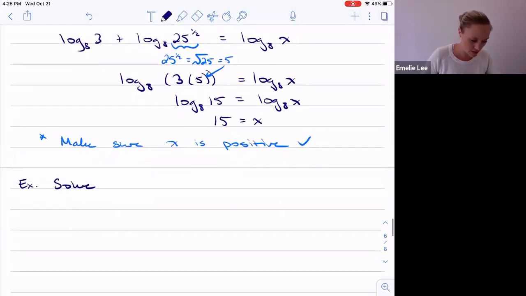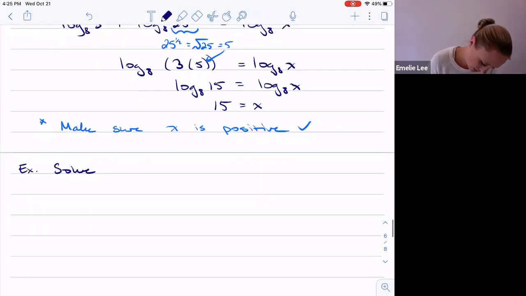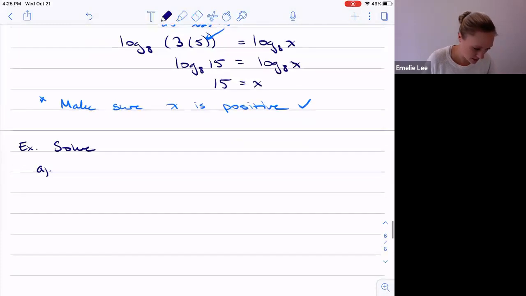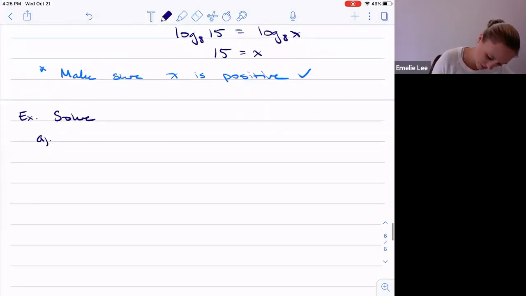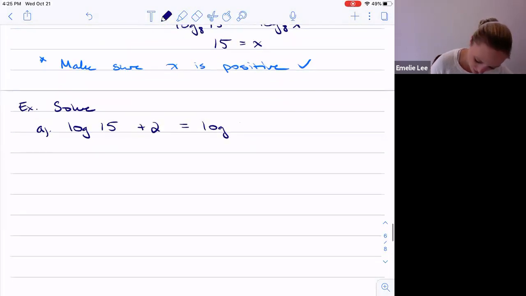So if we have to solve something like this, I'll do the same thing again here so you can work at your own pace a little bit. Log 15 plus 2 equals the log of x plus 250.